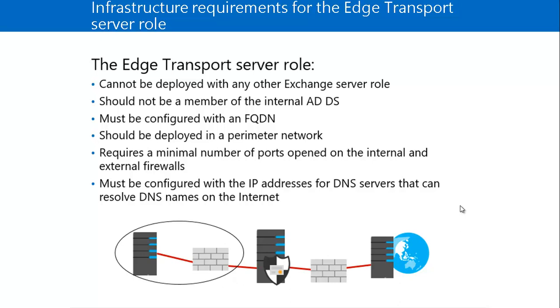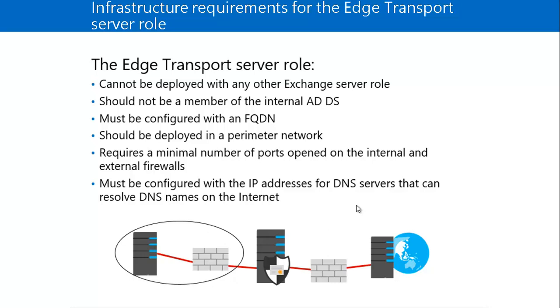Also, you should not allow Active Directory communication through the firewall that protects the internal network from the perimeter network, because this can cause a security issue, such as allowing an unauthorized user to retrieve your email addresses directly from your Active Directory and then use them for spam.